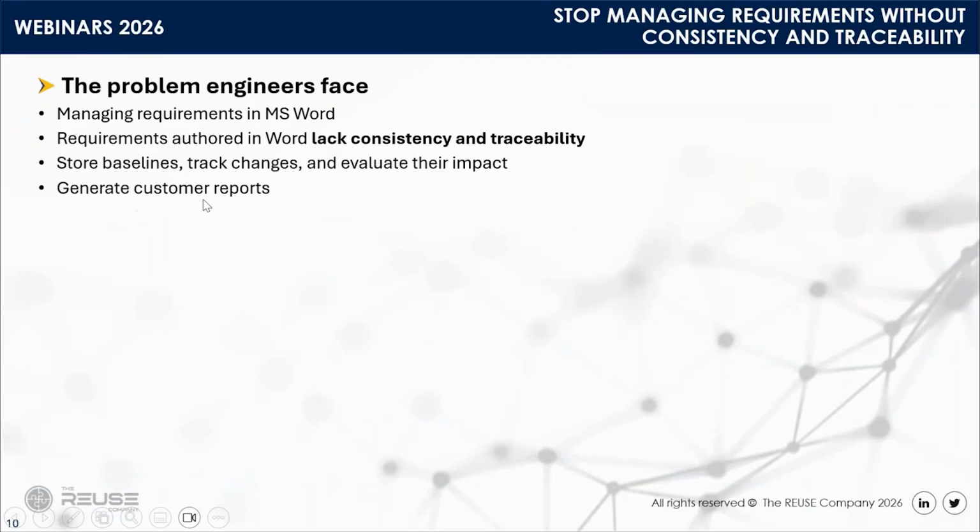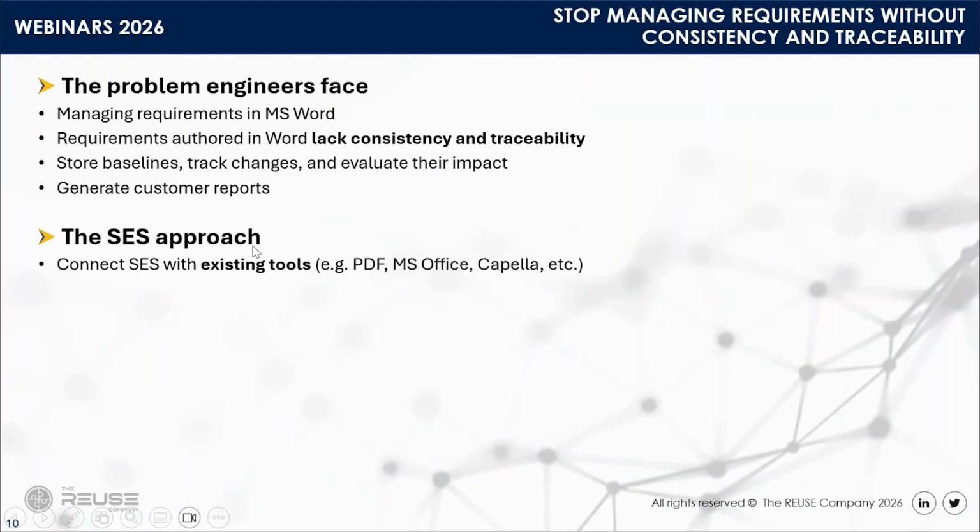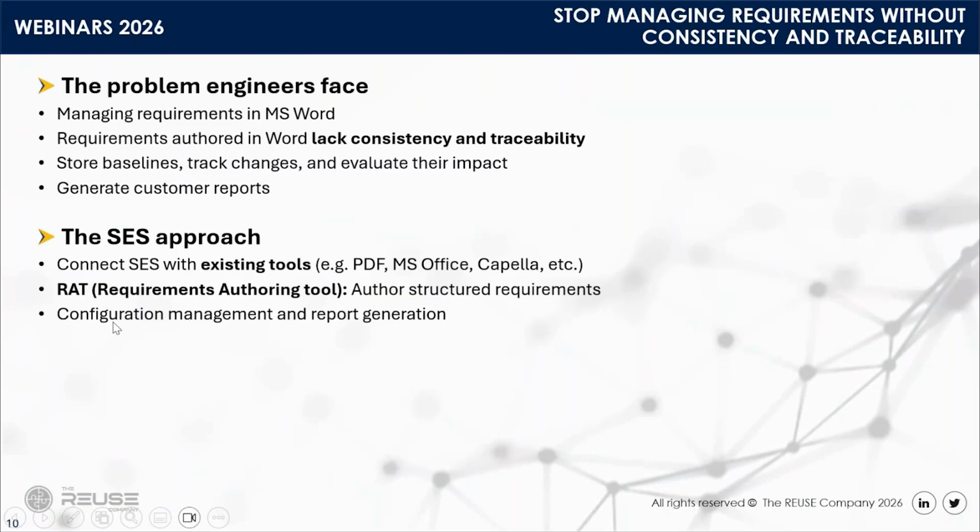Fourth is generate customer reports. The SES approach helps to connect with existing tools like PDF, MS Office, Capella, etc. Second, RAT, which is Requirements Authoring Tool, helping to author structured requirements. Third, configuration management and report generation.